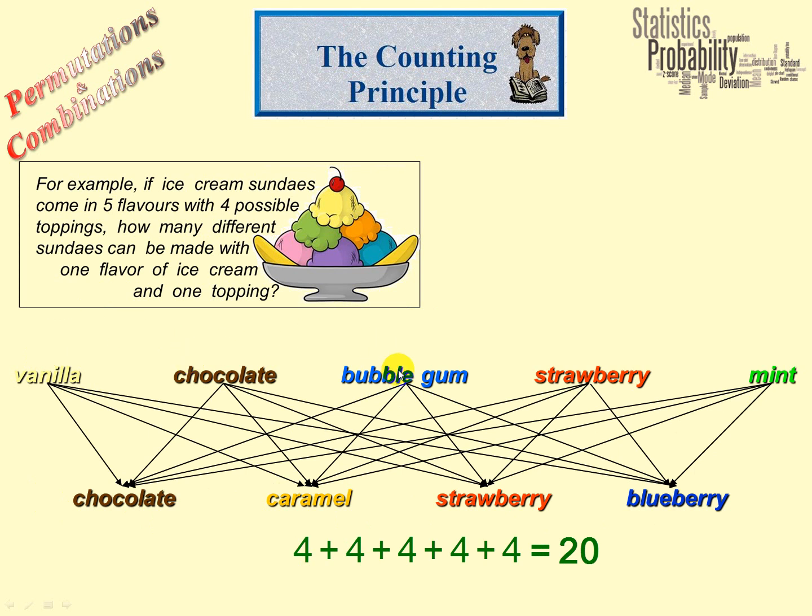So each of these 5 ice creams can have one of those 4 toppings. So we add 4 five times to get 20.